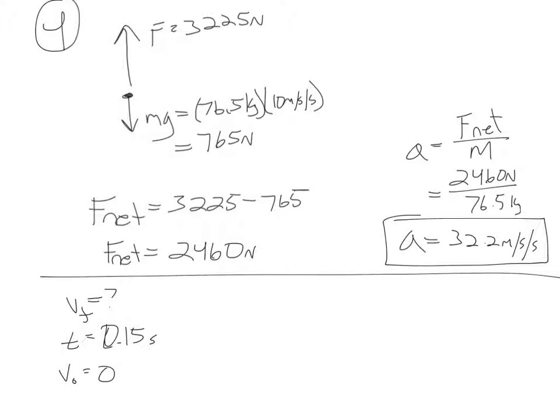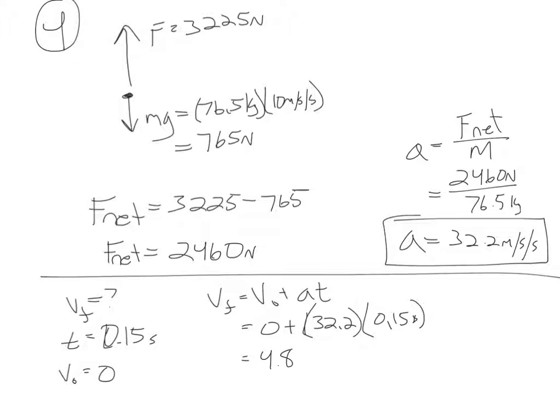So final velocity equals initial velocity plus acceleration times time. So initial velocity of 0 plus 32.2 times my time, 0.15 seconds, and that would be 4.83 meters per second. So that's how fast he's going once he leaves the ground, once he's done pushing off. And that would be part B.